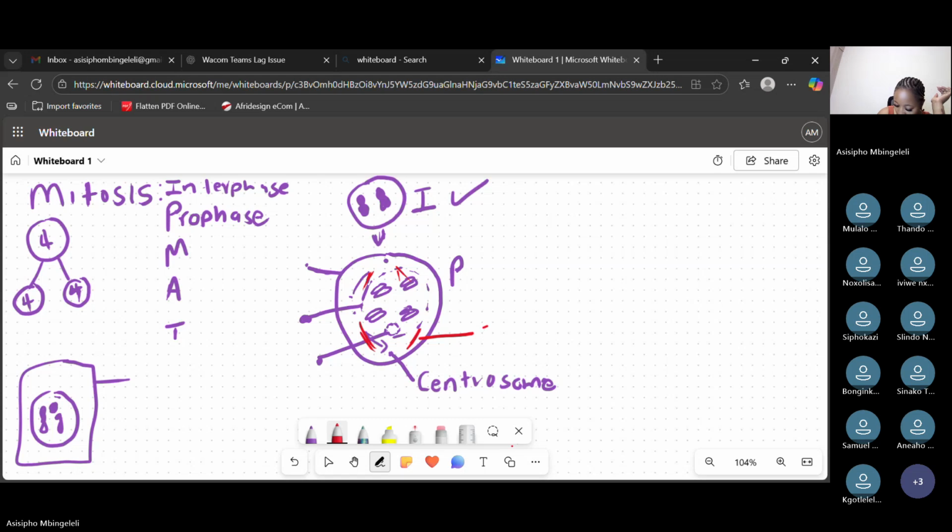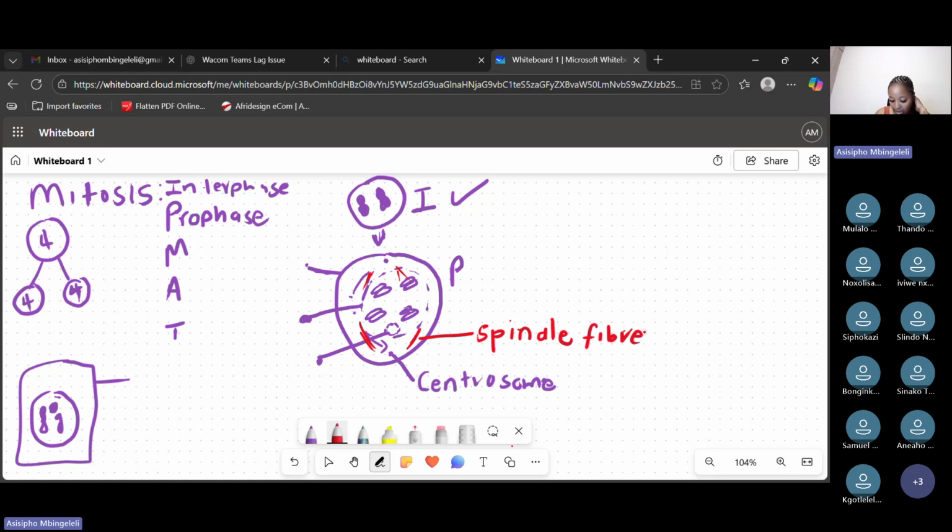Spindle fibers. Even if your spelling of fiber is the British one or the American one, it doesn't matter, they take it.